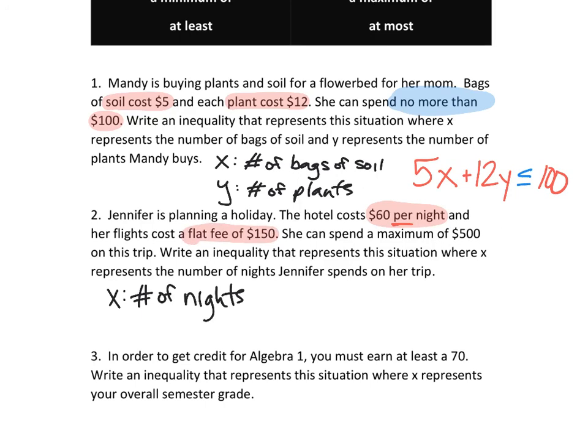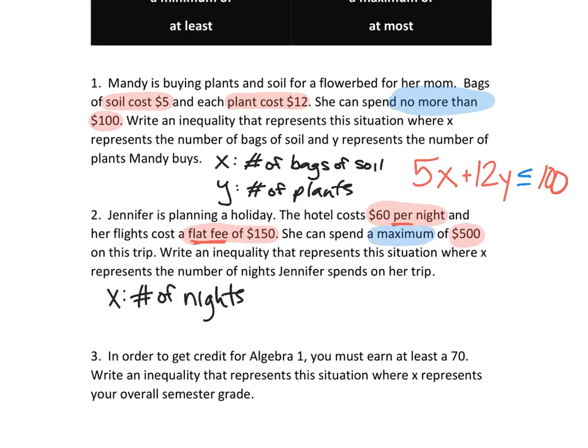What does flat fee tell me? That's the amount she has to pay. Exactly, it's the initial value. It's the y-intercept, by itself. It says she can spend a maximum of $500. I see the word maximum, which is less than or equal to.